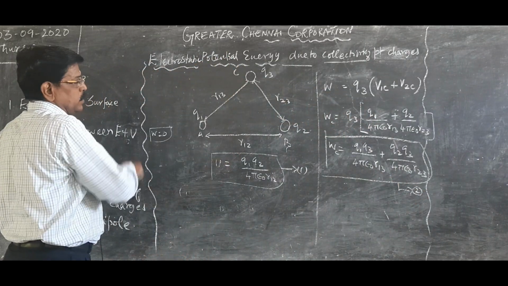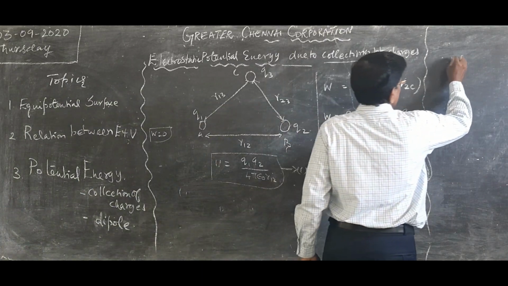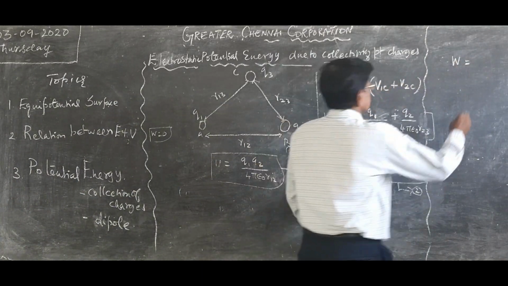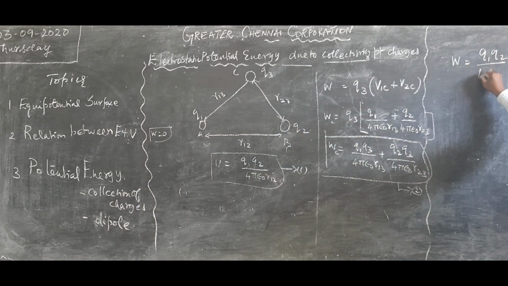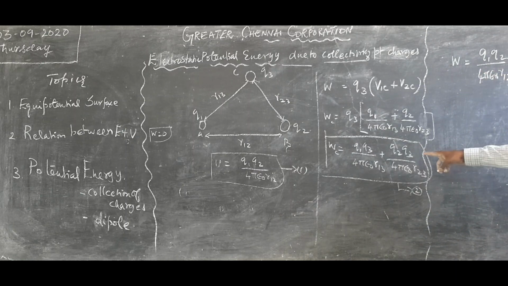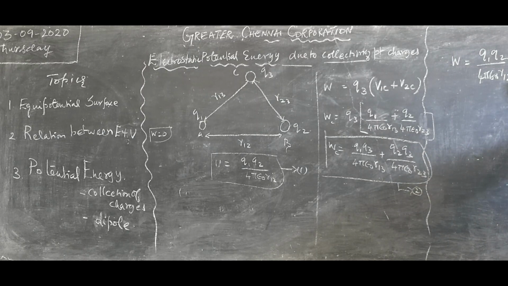So, the entire electrostatic potential energy, the total work done, is equal to Q1 Q2 by 4 pi epsilon 0 R12 plus this work done, Q1 Q3 by 4 pi epsilon 0 R13 plus Q2 Q3 by 4 pi epsilon 0 R23.